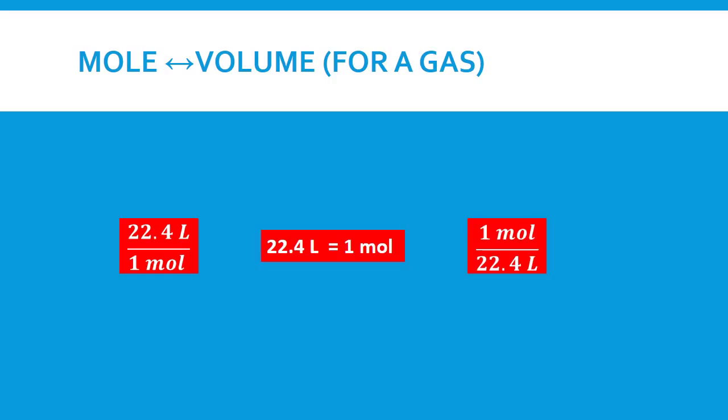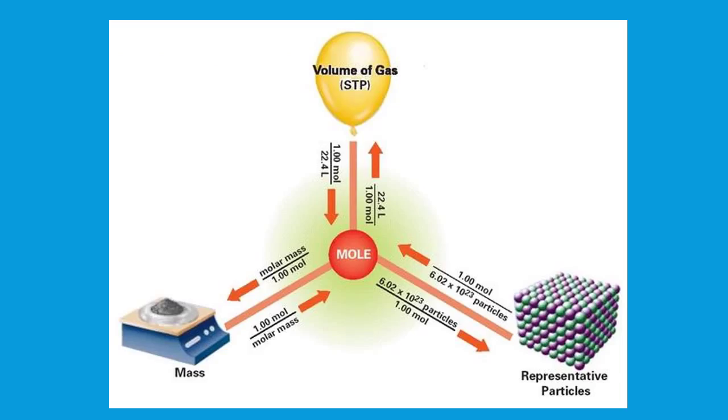So we can use either one of these conversion factors to convert from moles of a gas to volume of a gas, or from volume of a gas to moles of a gas. Now, let's add these to the conversion factors we've already learned in terms of the mole. We already looked at going from mass to mole, or mole to mass, and we use the conversion factor that goes in the direction we are headed.